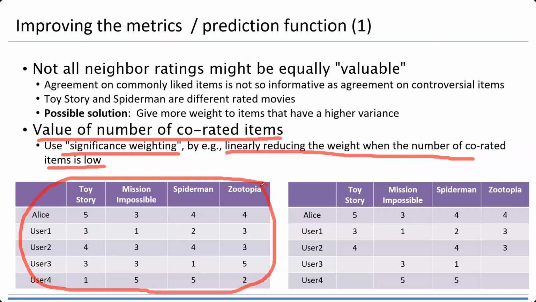This one we have 4. The low correlated items means the number of items that have co-users, or users who give the rating on that item. If it is low, we can reduce. So we can just remove the item.